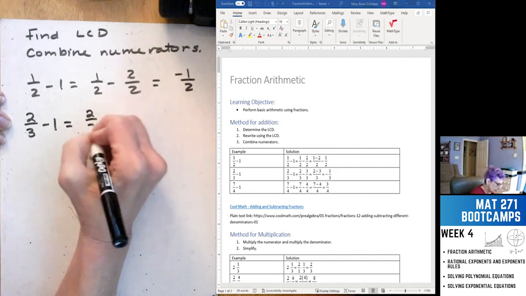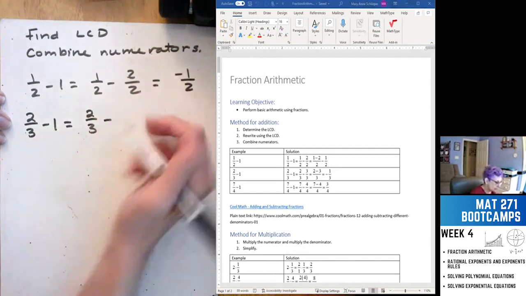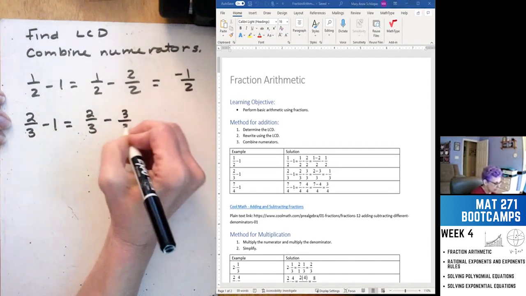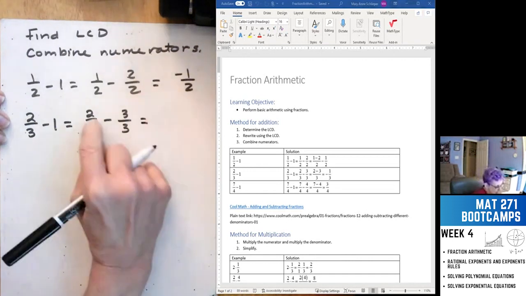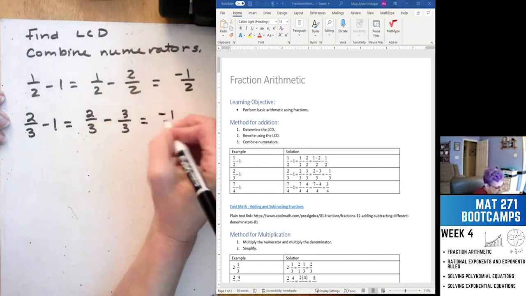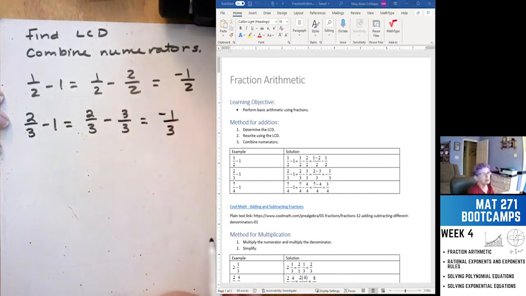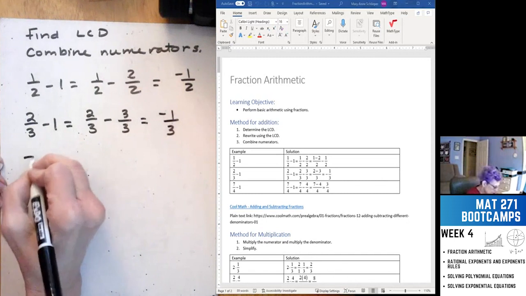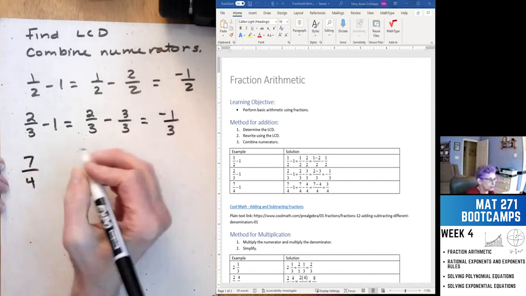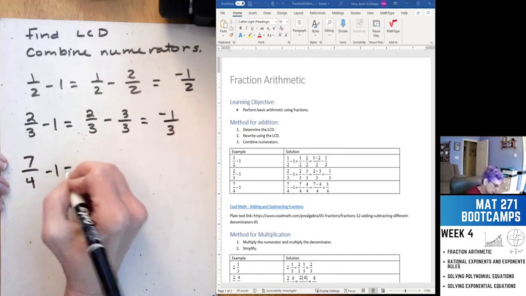Same thing here. Denominator's 3, so if we're subtracting 1, it just becomes 3 over 3. So 2 minus 3, I got negative 1 over 3. And then 7 over 4 minus 1.